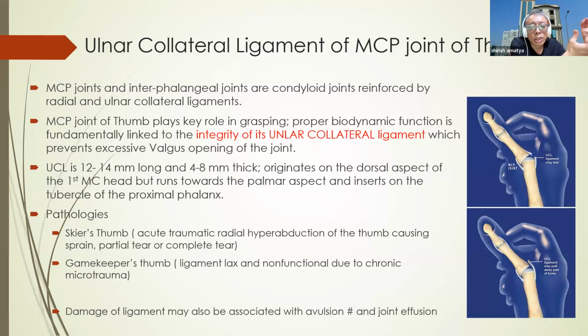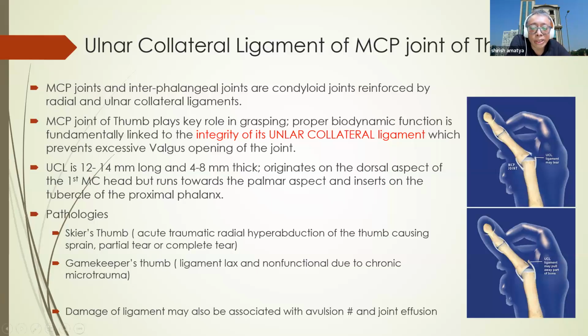And there is another pathology also associated with this ulnar collateral ligament, called gamekeeper's thumb. In gamekeeper's thumb, there is usually a chronic condition where the ulnar collateral ligament is lax and non-functional, but there is no acute tear or sprain in the ligament.